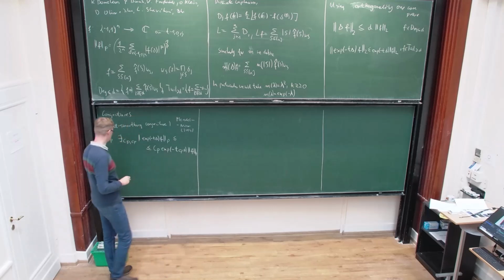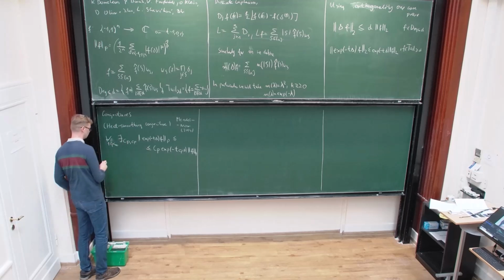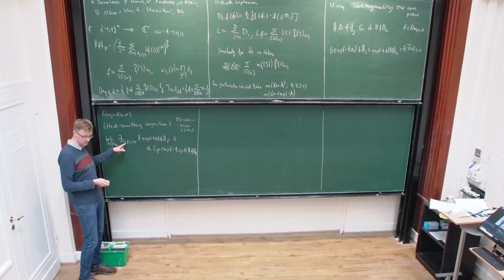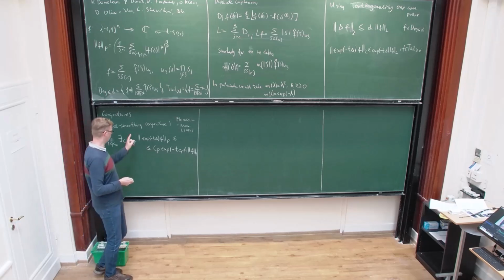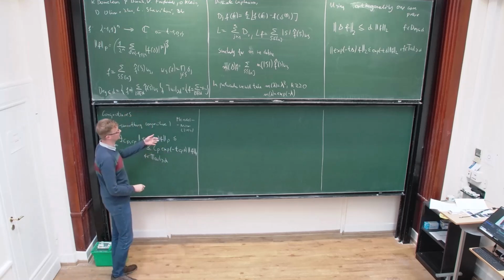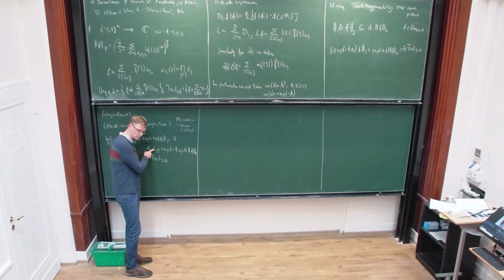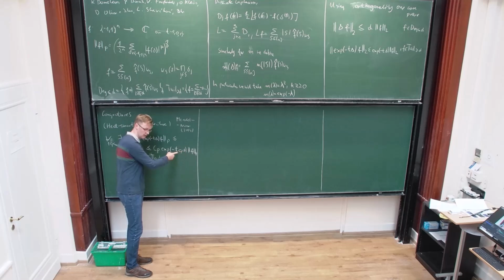So the conjecture asks about the existence of universal constants, not depending on n, such that for all functions in the low degree space, you have a replacement for this L^2 inequality. But the important point is that this constant is universal, and here you have t times d, not anything else.